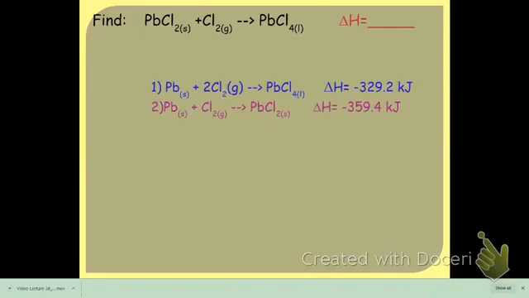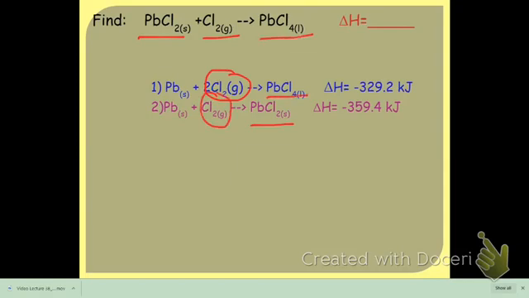As you can see, you have Pb and Cl2 and PbCl4 liquid, and Pb solid and Cl2 gas and PbCl2 solid. But please note that the only things that are in the final equation are PbCl2 solid, which is here, Cl2 gas, which is here, and PbCl4 liquid, which is here.